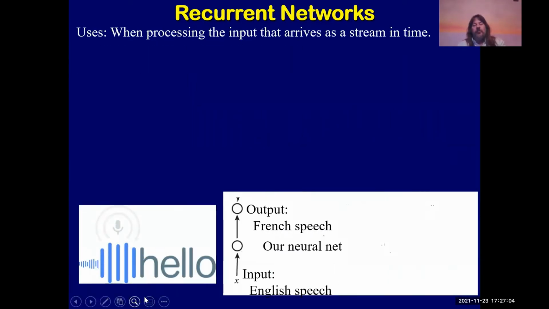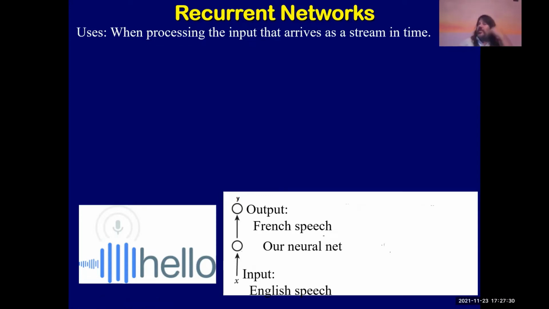All right, so here, down here is the speech. Say English speech. Somebody's talking in English, and it's getting fed into our neural net here, and then what it's going to output is more speech, but it's going to be in French.